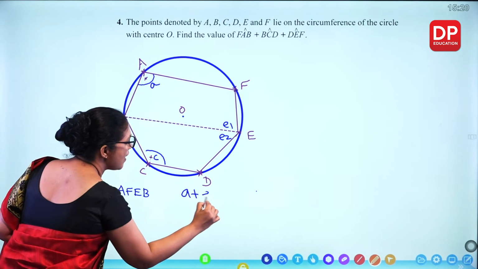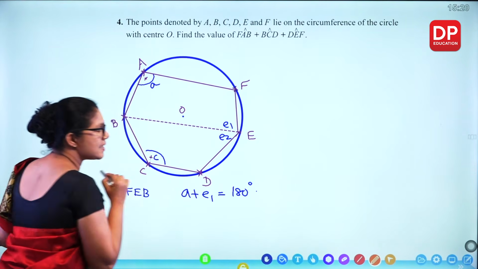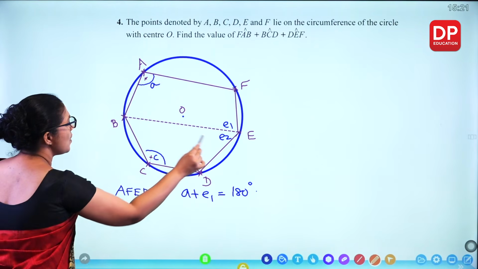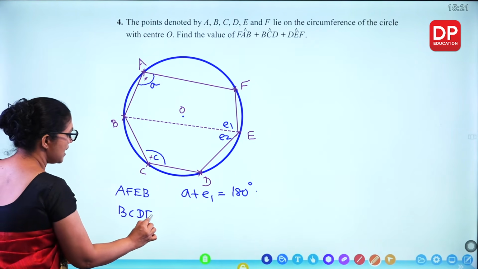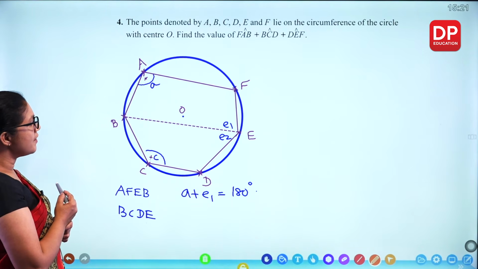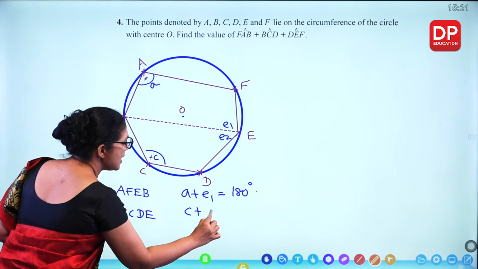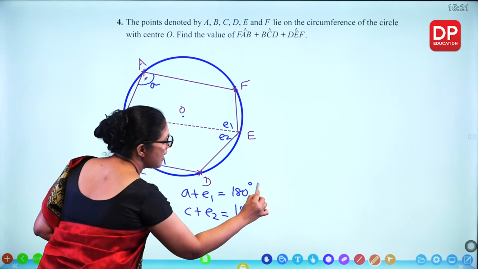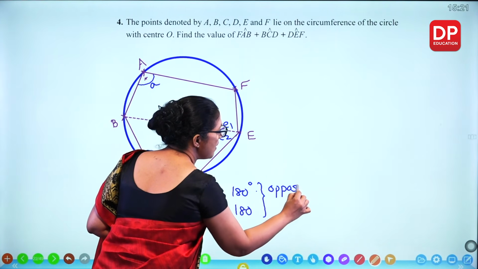A plus E1 is equal to 180. Opposite angles are supplementary. In this BCDE cyclic quadrilateral, what can you say about these two angles? C plus E2 is equal to, again, 180. Opposite angles are supplementary.